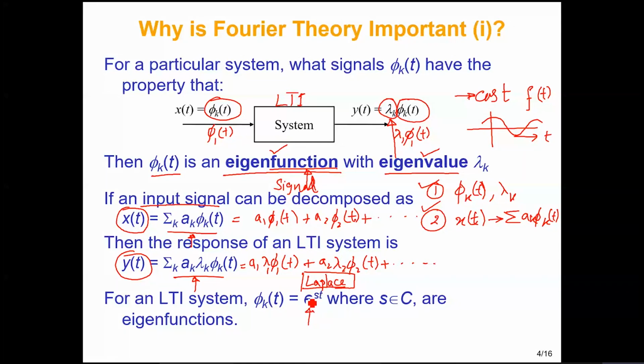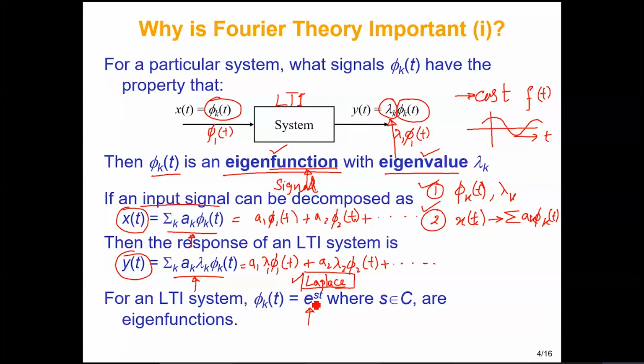So you will keep getting different complex exponentials, and each of them, as long as s is a complex number, would be an eigenfunction. And that also shows why we were emphasizing so much on complex exponentials. So this is one thing that was given to us by one particular scientist by the name of Laplace.